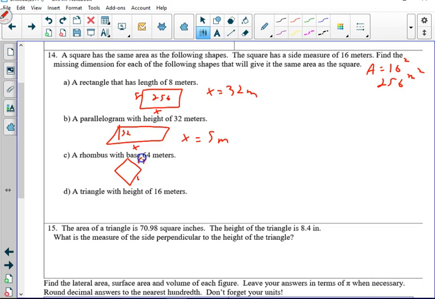So all these sides are 64. And area is base times the height. So 256 equals 64 times the height. We divide by 64, and the height is 4 meters.